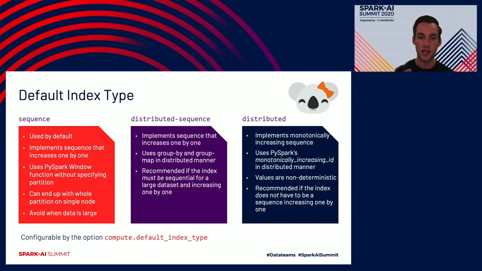What this means is that this index type can never be used as indices for operations on different data frames such as joins. However, if we do not require a strictly continuous increasing sequence, this index should be used. Performance-wise, the index has little penalty compared to other index types. With all these considerations in mind, one can configure the option by using compute.default_index_type in Koalas.